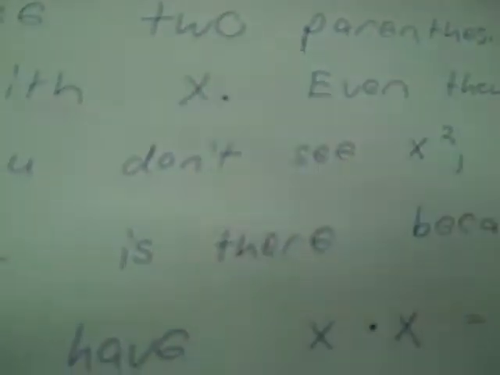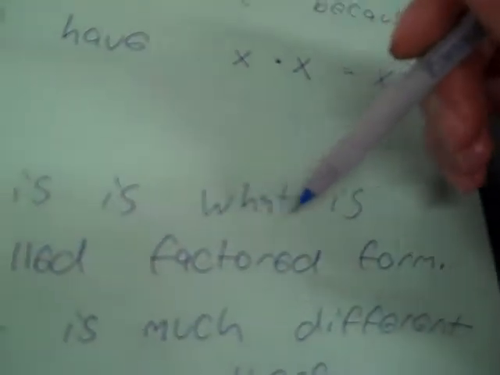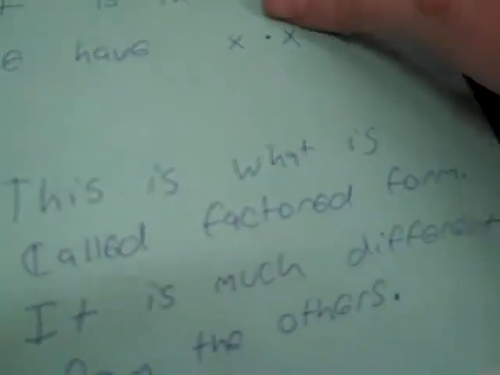I'm not actually going to multiply it out, but any x times any x is x to the second. This is what we call factored form, because it's much different than the others.